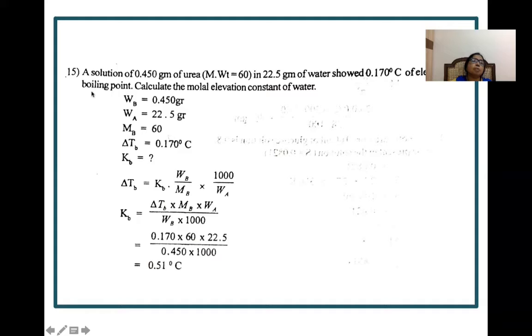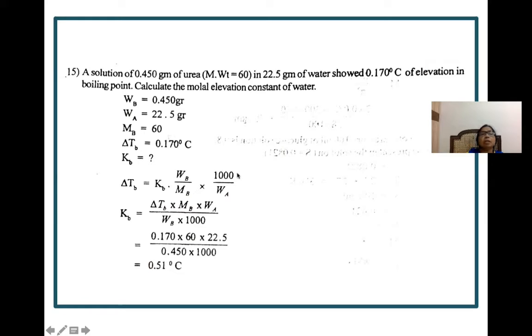Next problem: a solution of 0.450 grams of urea, molecular weight 60, in 22.5 grams of water showed 0.170 degrees centigrade elevation in boiling point. Calculate the molar elevation constant of water.